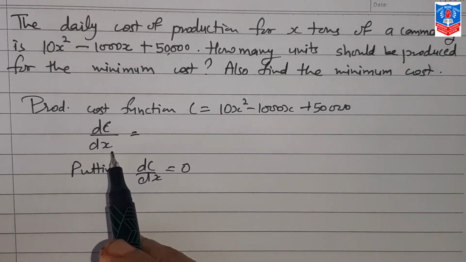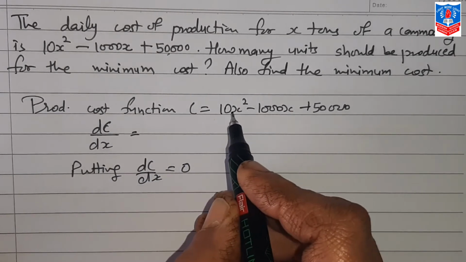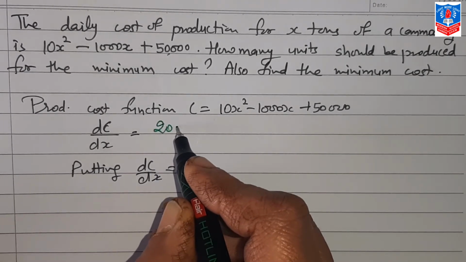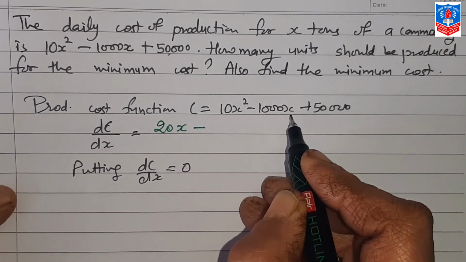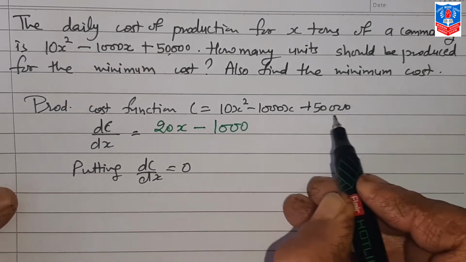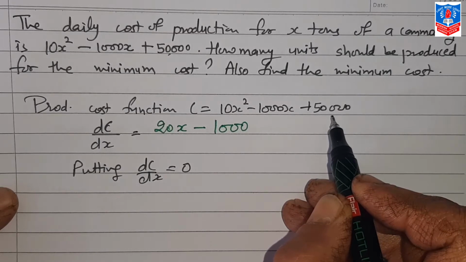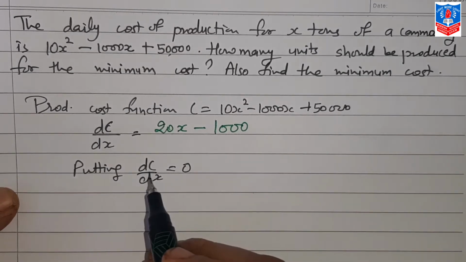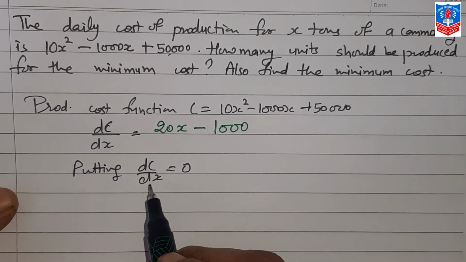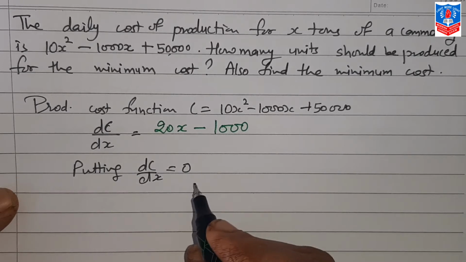So first we find dC/dx. Now this will be 10 into 2, that will be 20x, minus 1000x gives only 1000, and the constant number becomes 0. Now this dC/dx is equal to 0. Based on this, we will find the value of x.